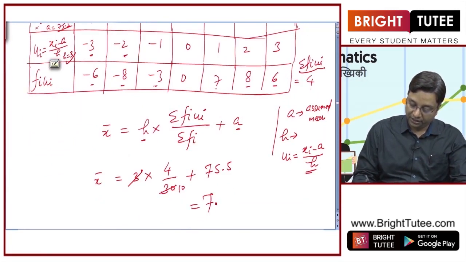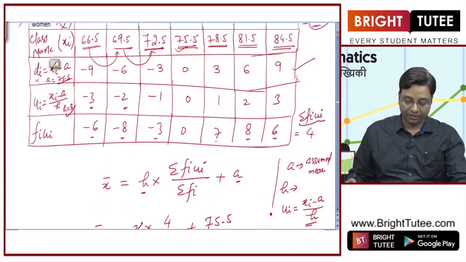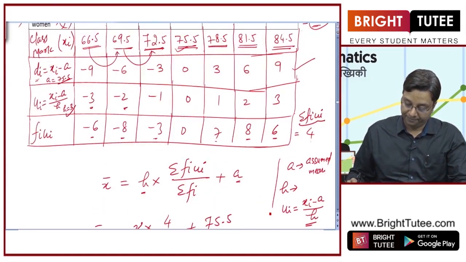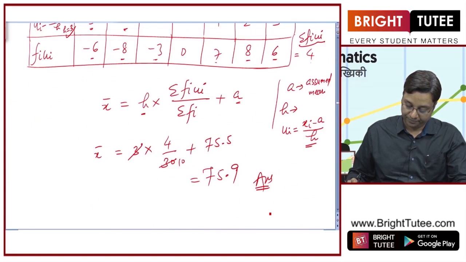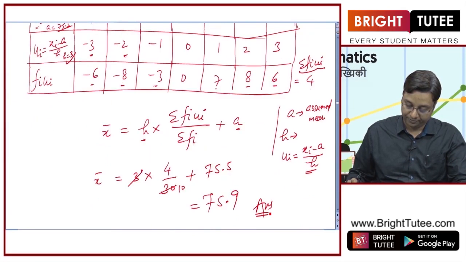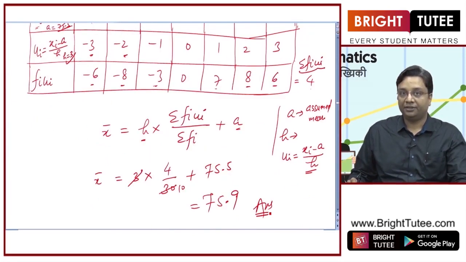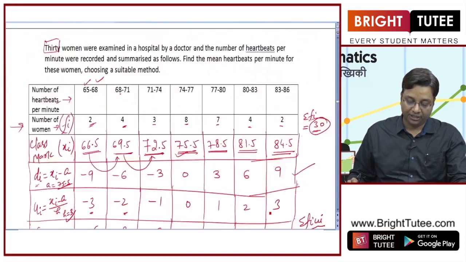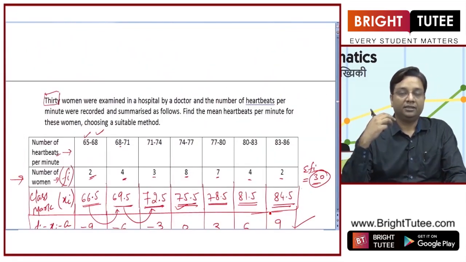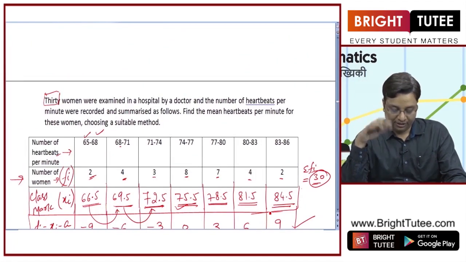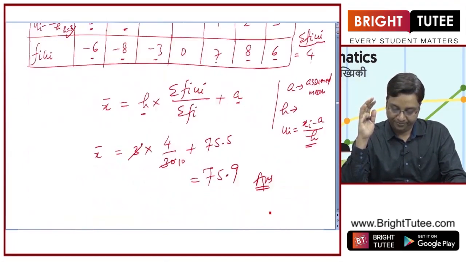So, it is 75.9. So, this will be the mean of this data. Right, 75.9 is the mean of this data, and I demonstrated the step deviation method in this particular question.